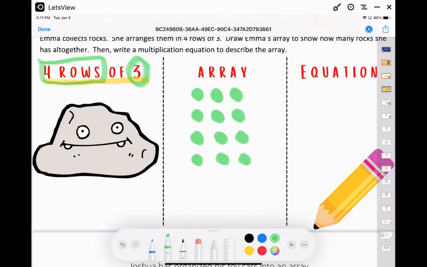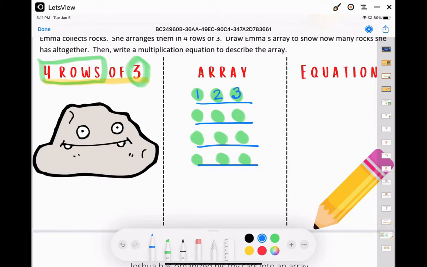So your array should look something like mine. My array has 4 rows. 1, 2, 3, 4. And there are 3 rocks in each row. 1, 2, 3.